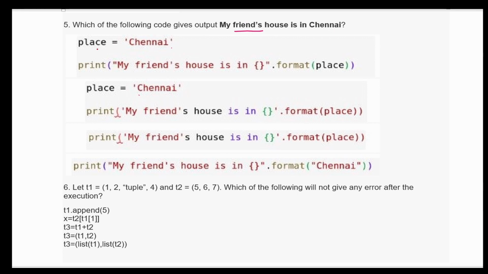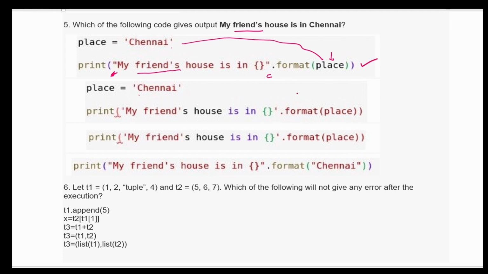So here you see this place is equal to Chennai. It is a string with single quote. Print "my friend's house is in {}".format(place). So in this place, Chennai will be printed. So here, friend's house. So this single quote is enclosed by these two double quotes. So this single quote will be printed correctly.